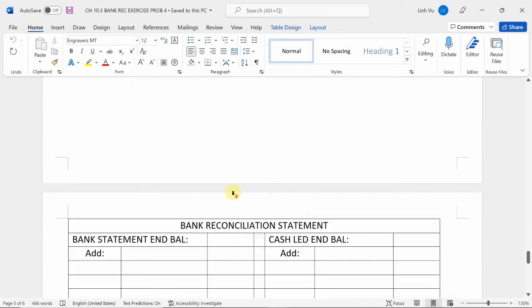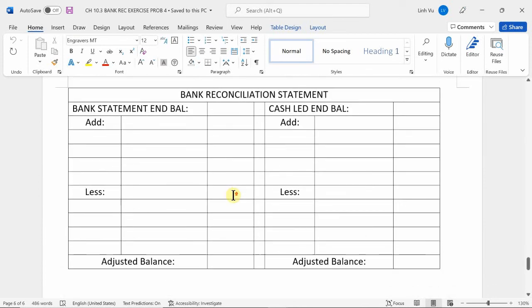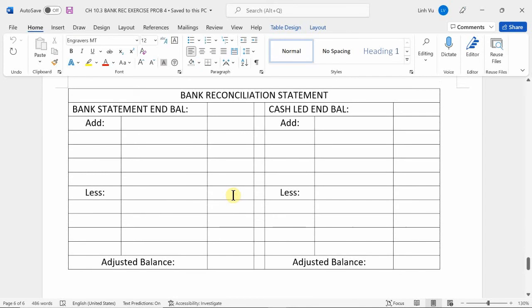And here's your table. Which side do you want to start on first? Do you want to do the bank or the cash first?